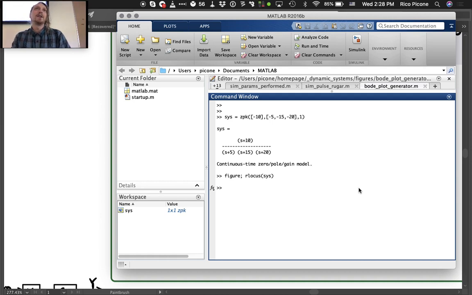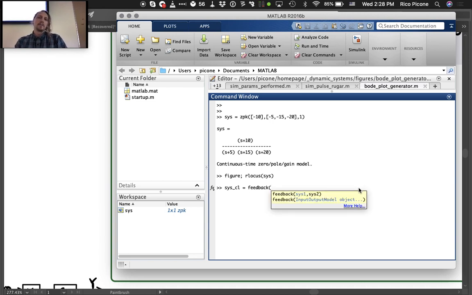So sys closed loop is going to be feedback of, let's do the open loop, which is sys, times the gain, which I said was what, 650, 750.